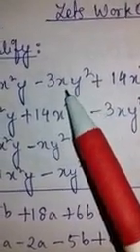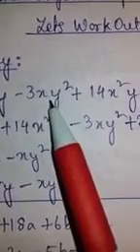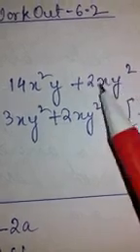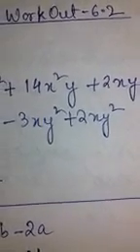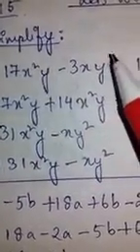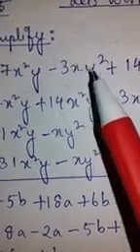And in the next step, you have minus 3xy square and 2xy square plus 2xy square. So, keep in mind that x square y term and xy square term are different.